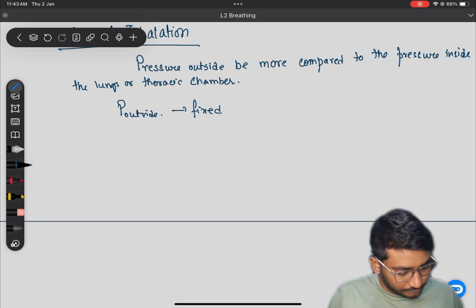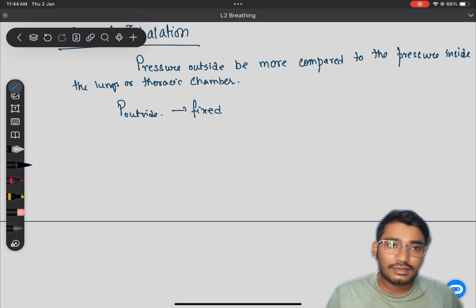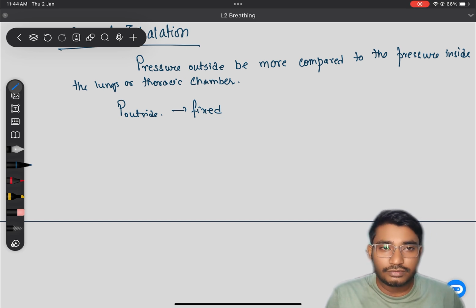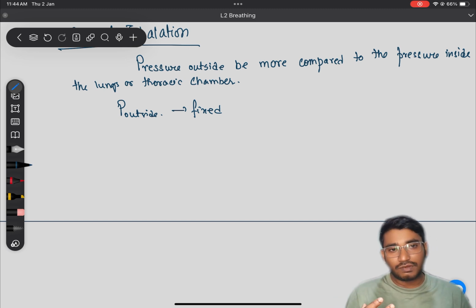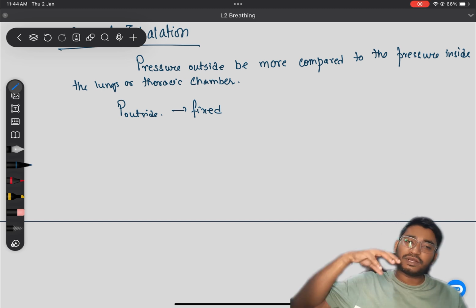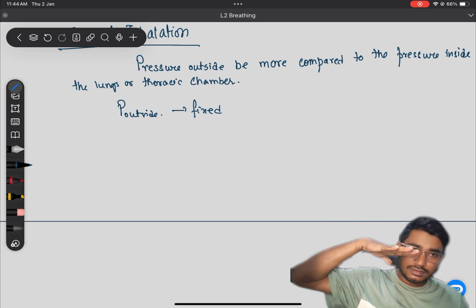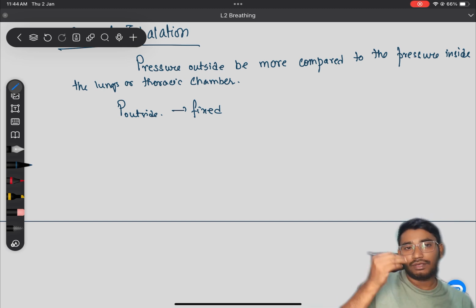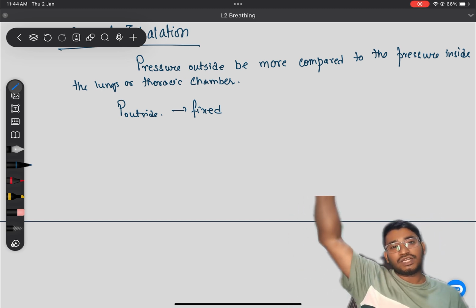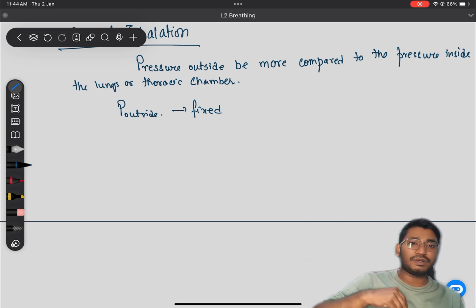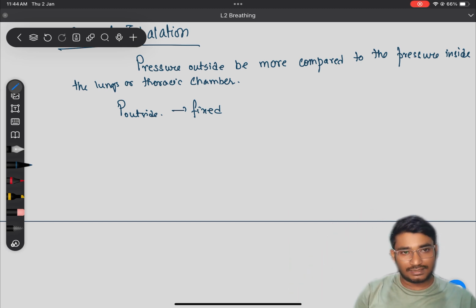Now, the pressure outside the lungs is constant, so we need to change the volume of the thoracic chamber. As we change the volume, the thoracic chamber gets enlarged and the pressure inside the thoracic chamber comes down. The outside pressure stays fixed. So the pressure outside will be greater than the pressure inside, and the gases will passively diffuse into our lungs.